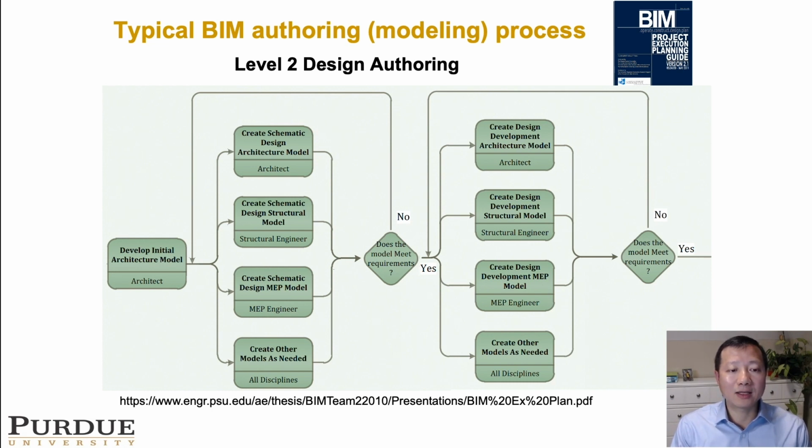Once the architect has developed the initial architectural model, set up all the levels and the control grids, as well as the rough layout of all the building elements and floor spacing and so on, the architectural team will come in to design the schematic model. The structural engineer will come in to design the schematic model, and an MEP schematic model will be created as well as other relevant teams and models.